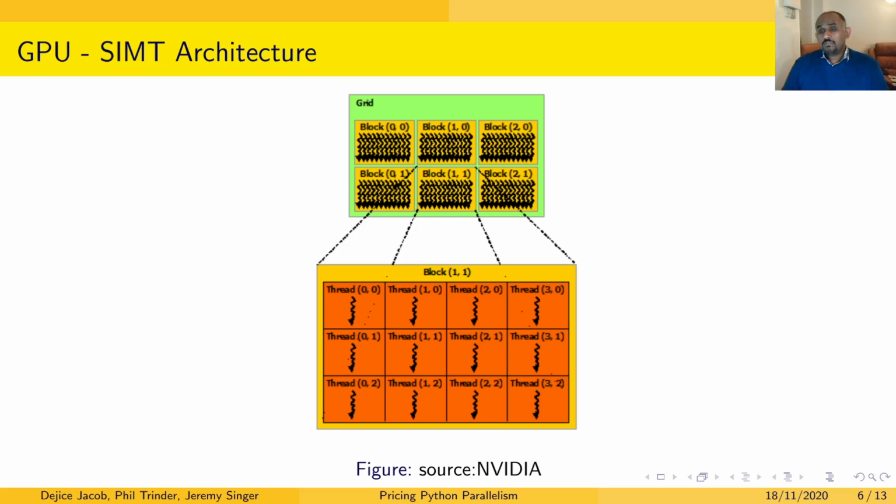You have a large number of hardware threads, and it's a hierarchical tiered structure now of threads. The grid is first divided into thread blocks, and these thread blocks are further divided into threads. These threads and thread blocks can be mapped along 1, 2, or 3 axes depending on the compiler.